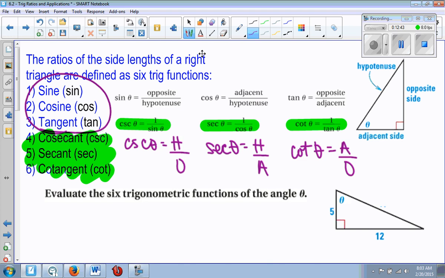Some other things to note, look here in this triangle, we've got a different symbol. That's called theta. When we start talking about trig, your book will start using Greek letters rather than using X, Y, Z like you're normally used to. So you'll start seeing things like theta and beta and alpha and so on.